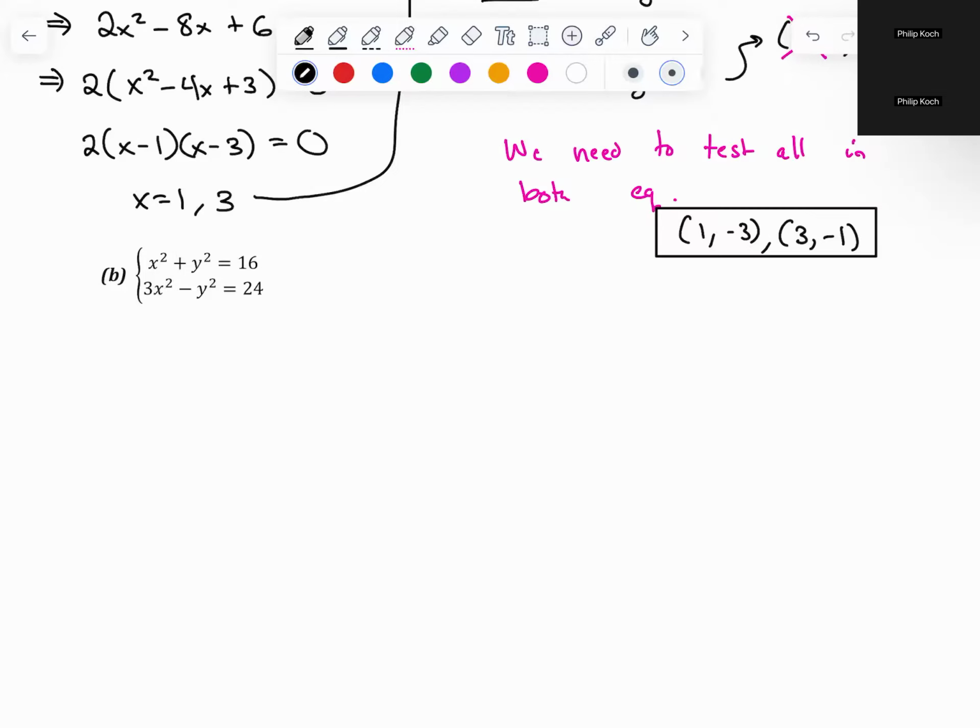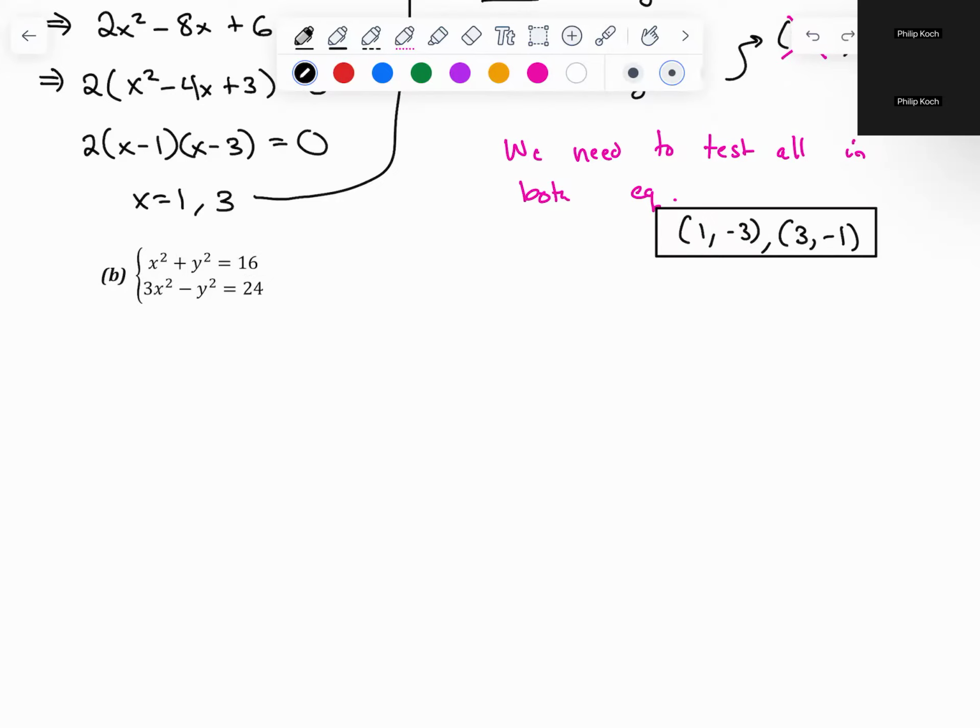So we're back. And so this one, x squared plus y squared equals 16, and 3x squared minus y squared equals 24. This one, you could do substitution, even though it doesn't look like it. And I'll show you what you would want to do. I'm going to do it by elimination because it's a perfect candidate for elimination.